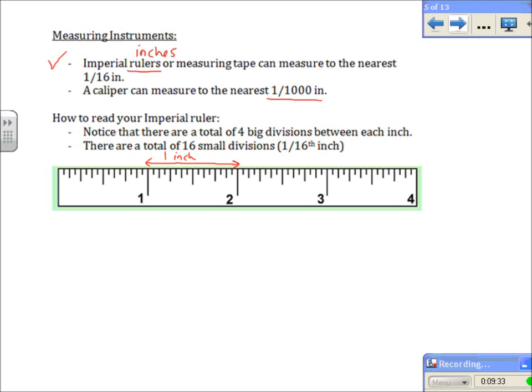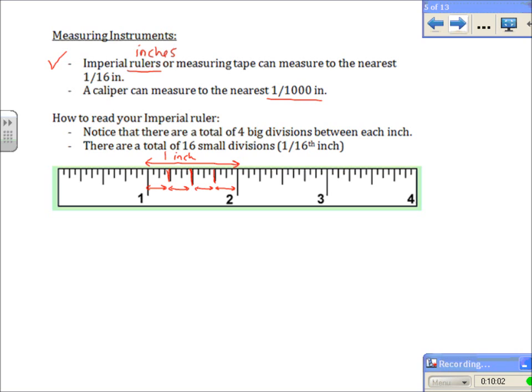Okay, so that would be an inch, and within each of those inches there are 4 major divisions. Okay, so here would be 1 major division. Okay, so it's the longer lines here, 1, 2, 3, 4. Each one of those represent 1/4 of an inch. Okay, so each one of these, there's 4 divisions here.